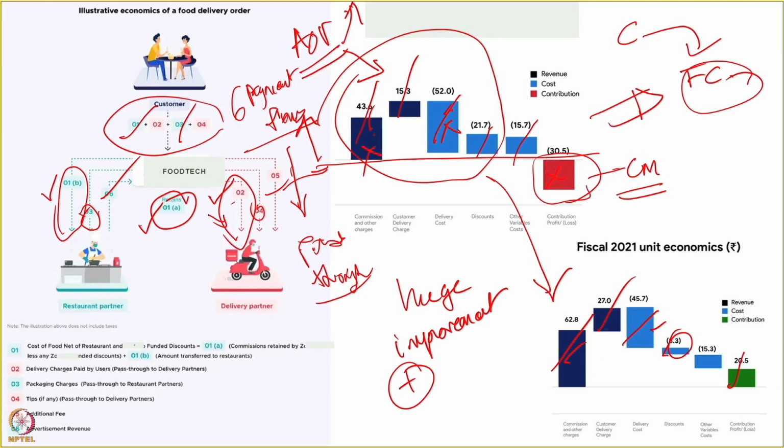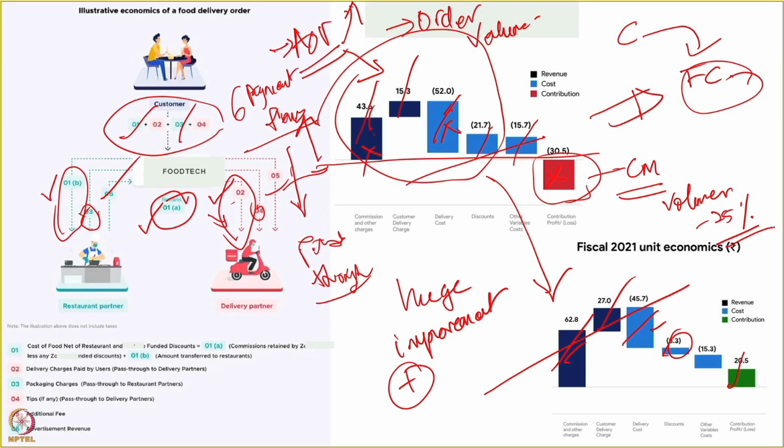You found a taller dark blue, which is the commissions earned from the restaurants, and a shorter light blue, because for the same amount of work, you'll be able to get more orders processed. The second is, what about order volume? It is a fact that from the previous year under review to this year under review, volumes went up by 25%.